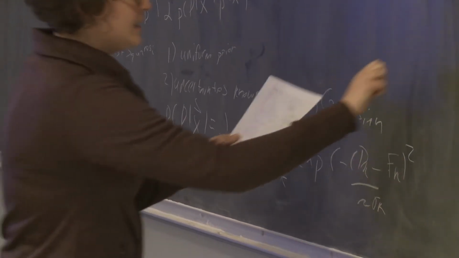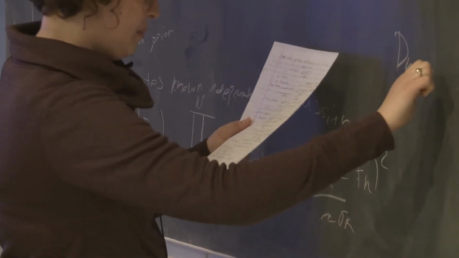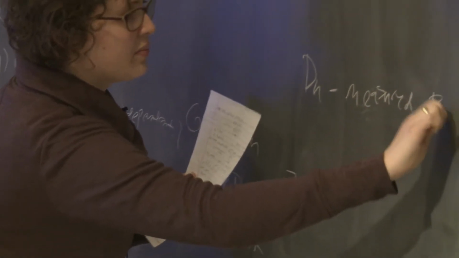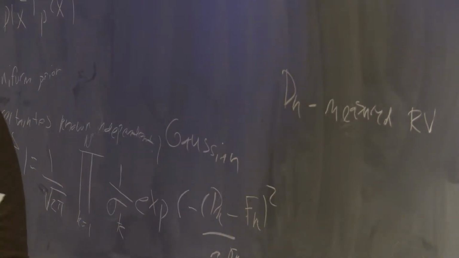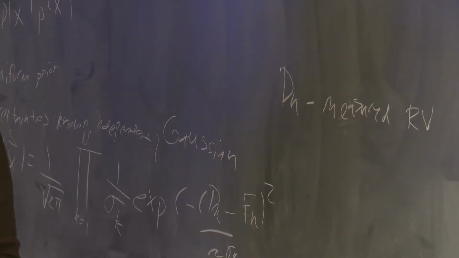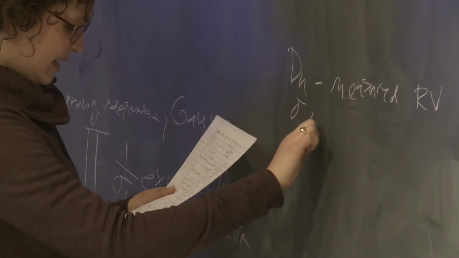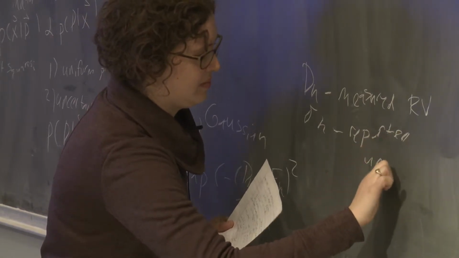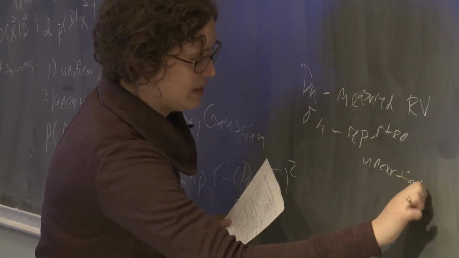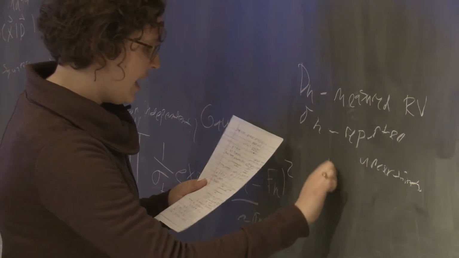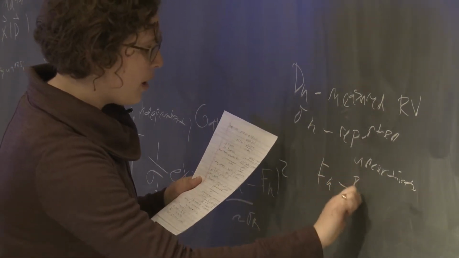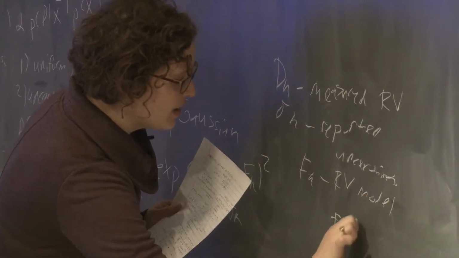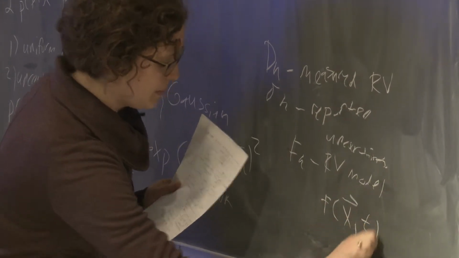So dk is the measured radial velocity. We always assume that we perfectly know the times of measurement, and that's usually a pretty good assumption. Sigma k is the reported uncertainty. And then fk is the radial velocity model. So it's a function of the parameters and of time.